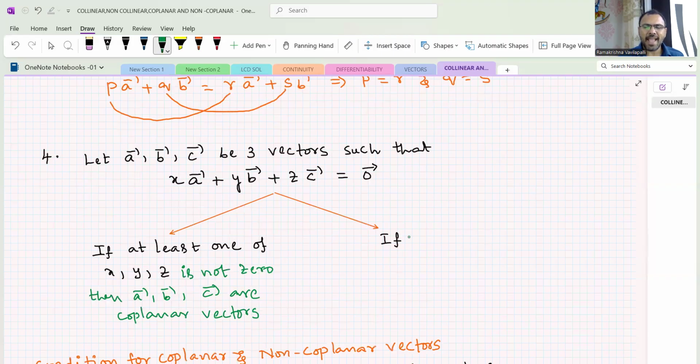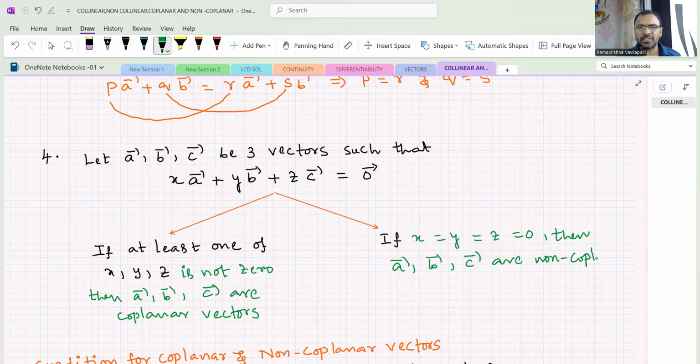If X equal to Y equal to Z equal to 0, remember, this is very, very important, then A bar, B bar, C bar are non-coplanar vectors. If at least one of them is not 0, then they are coplanar vectors.